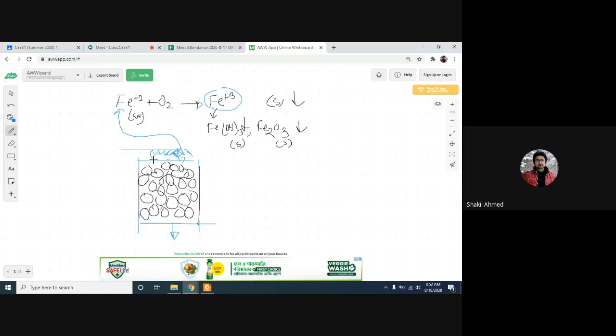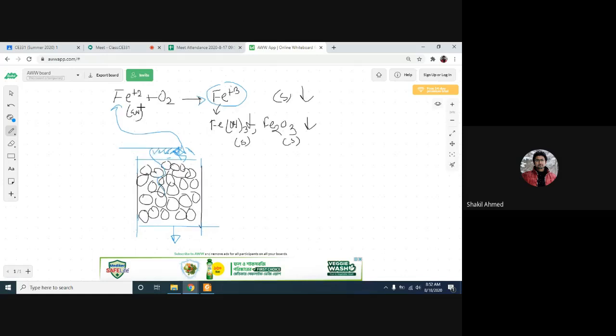As the water percolates through, this ferrous ion is converted into ferric ion, and that means you're getting ferric hydroxide, Fe2O3, ferric oxide. Remember, these are basically solid.